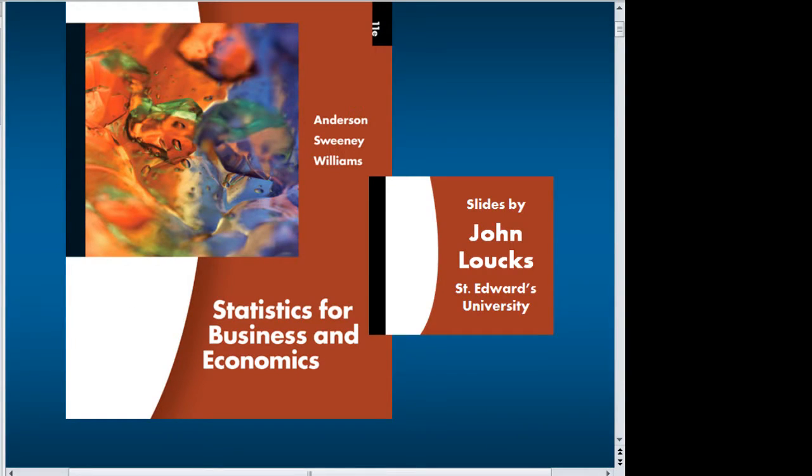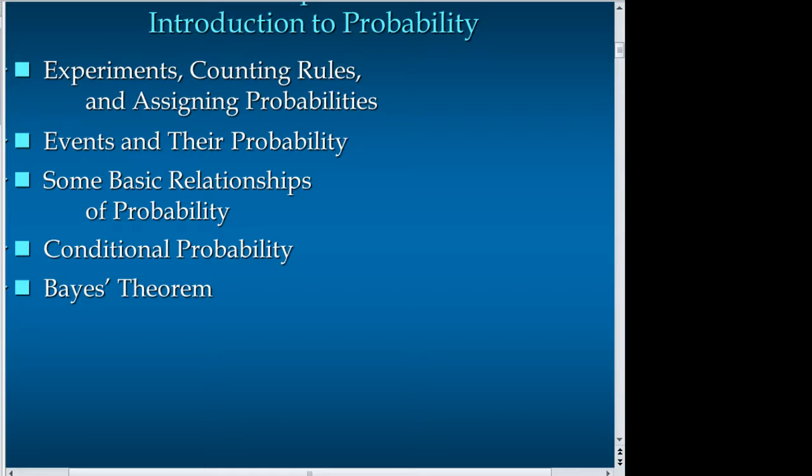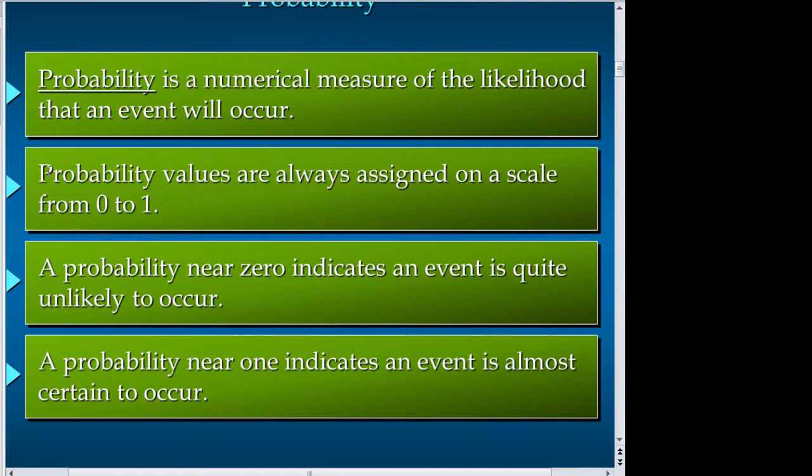So we're going to talk about our next topic for our course, probability and statistics. Today we're going to talk mainly about probability. We'll cover basic terms used in probability, like experiment, event, sample, and population, and also a couple of counting rules and some of the basic terms that we are going to use in probability.